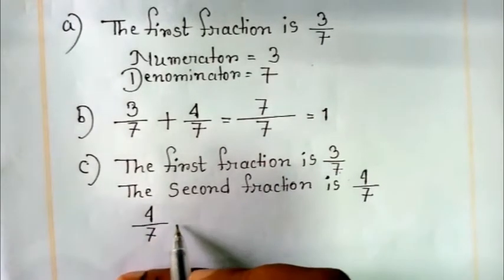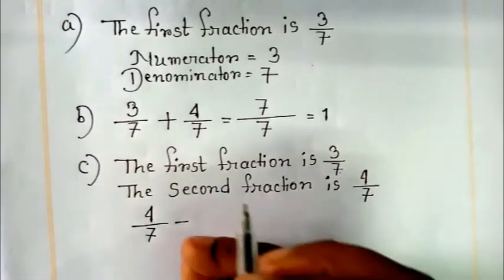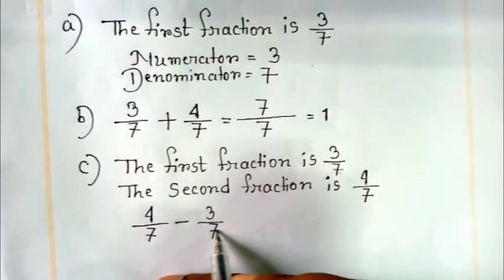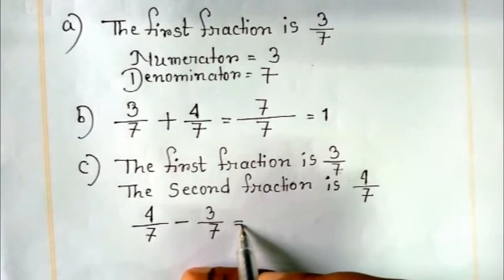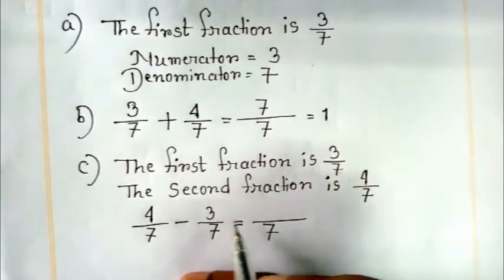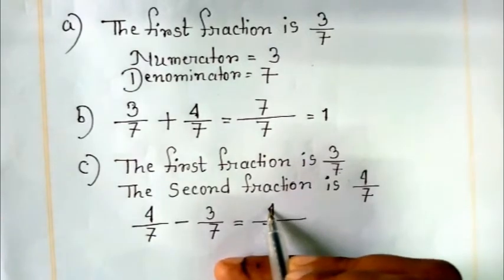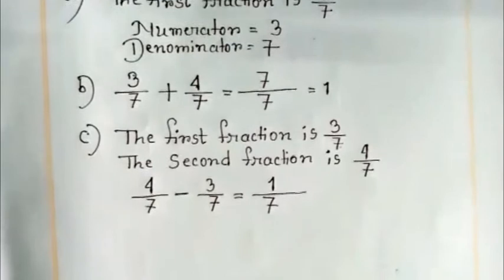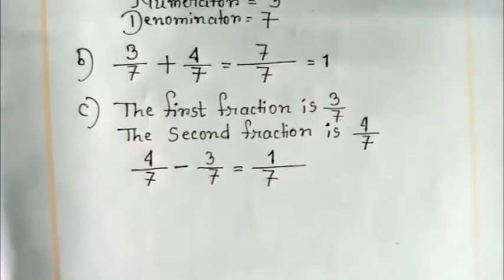First we wrote 4/7 minus 3/7. 4 minus 3 is 1. So we get 1/7.